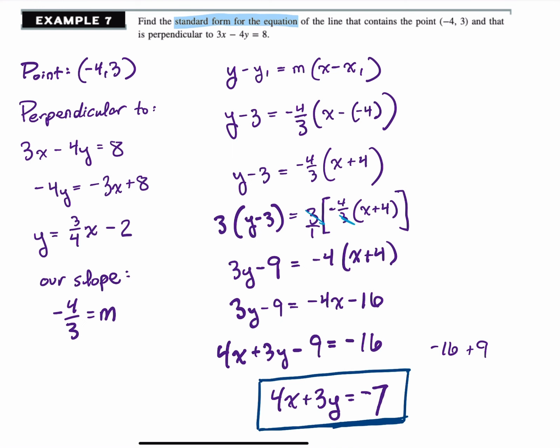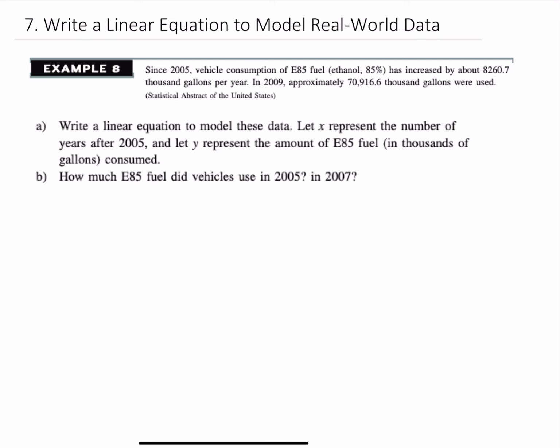All right, let's look at an application problem. This is using some real-world data. So let's read through this example. It says, since 2005, vehicle consumption of E85 fuel, that's ethanol 85%, has increased by about 8,260.7 thousand gallons per year.